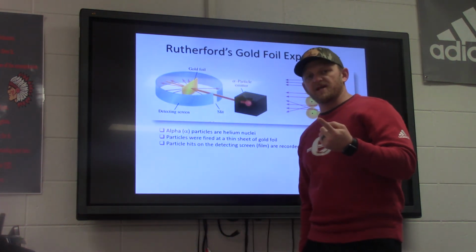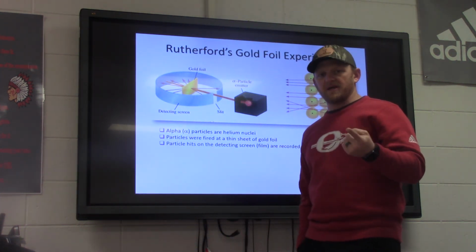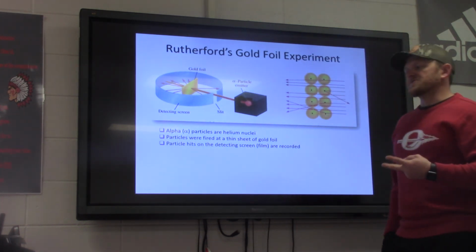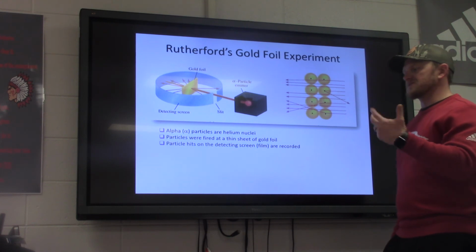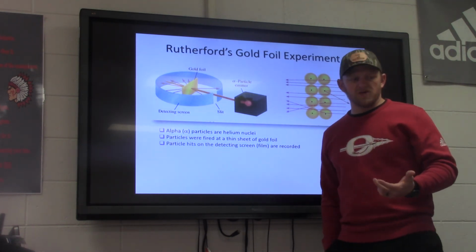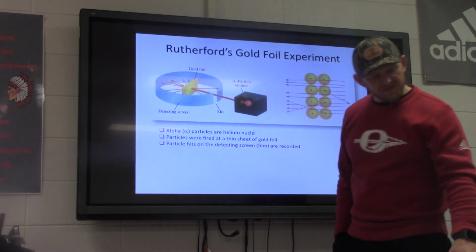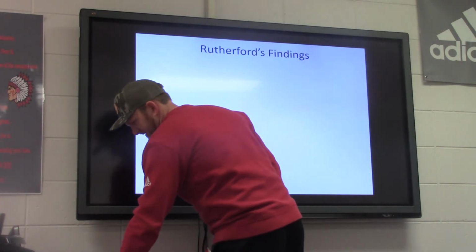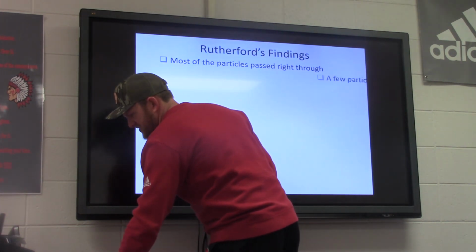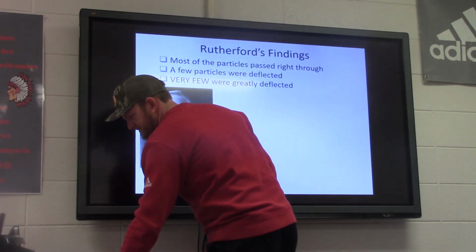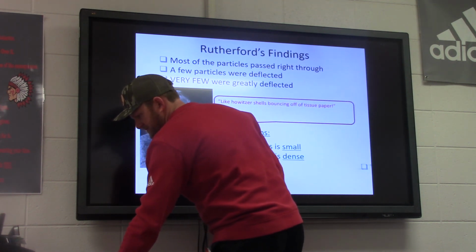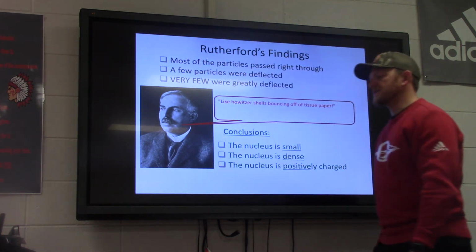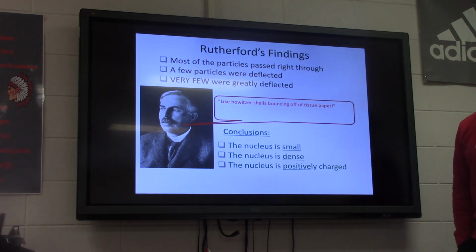So Thomson was the electron, the negative, with the magnet and the beam. The gold foil experiment was Rutherford. A positive charge hits the center, so therefore the nucleus must have protons in it, must have a positive charge. That's why we call it that. So that's Rutherford. Just to summarize Rutherford's findings, Rutherford says the nucleus is small, the nucleus is dense, the nucleus is positively charged.